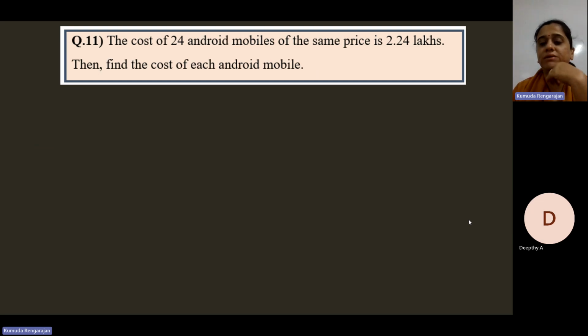Addition, subtraction, multiplication, division? Division. The cost of 24 mobile phones is given to you, and you have to find the cost of one phone. Many is given and you're asked to find one, so it's division. If one is given and you have to find many, it's multiplication.